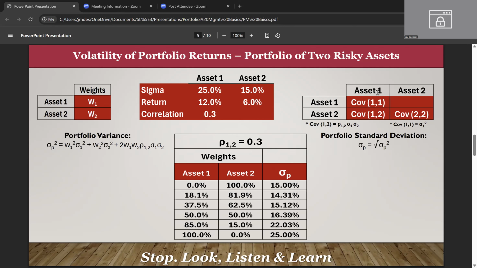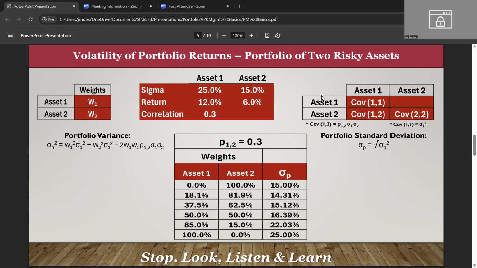Now, if we look at this little matrix over here, we have asset one and asset two on the vertical column, and then asset one and asset two on the horizontal row. Now, in this first box here, this is what we refer to as a variance covariance matrix, right?